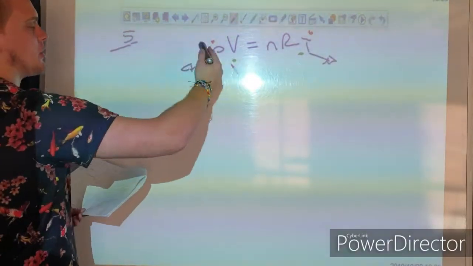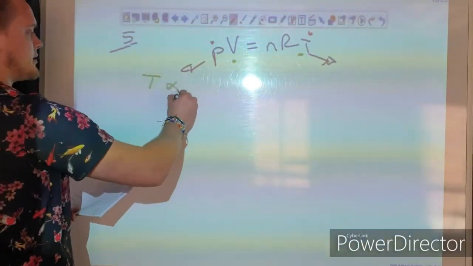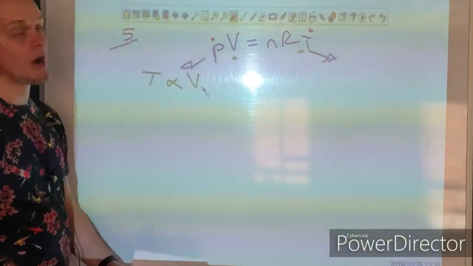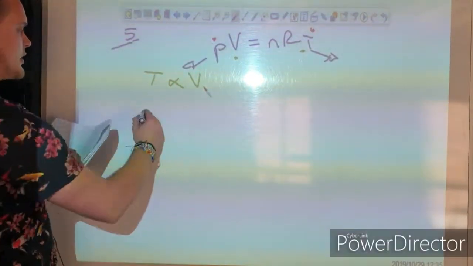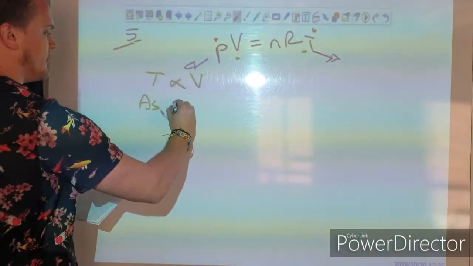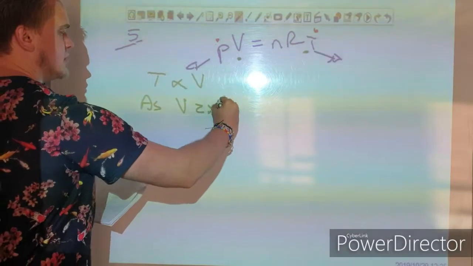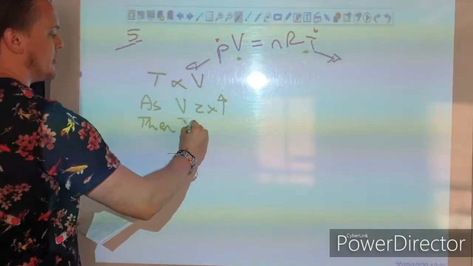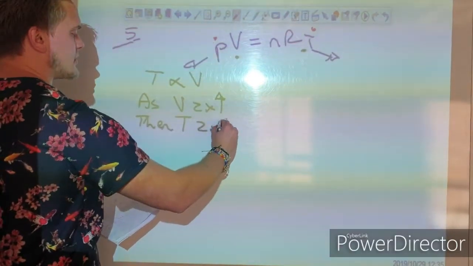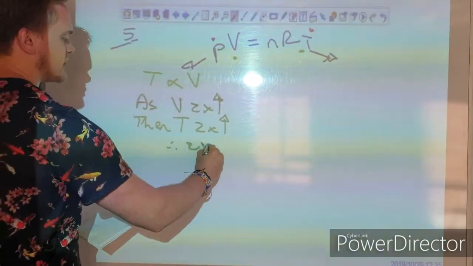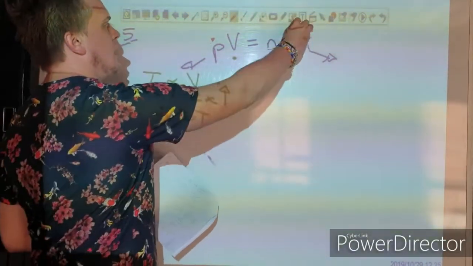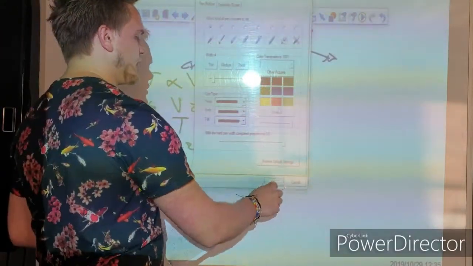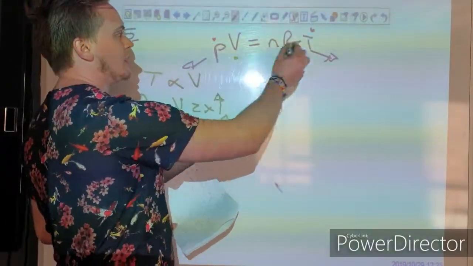So let's see the first one, volume and temperature. Both are on opposite sides, so we can say that temperature and volume are directly proportional. As our volume increases by 2, because of the direct proportionality, the temperature will increase by 2, so we change it to 2T. What will happen to the temperature if the pressure doubles?